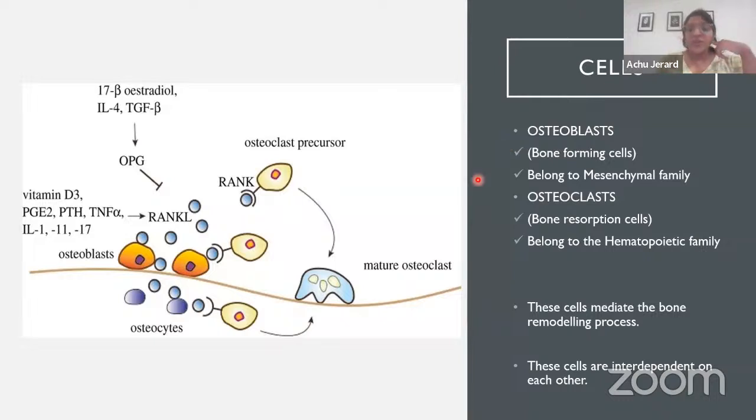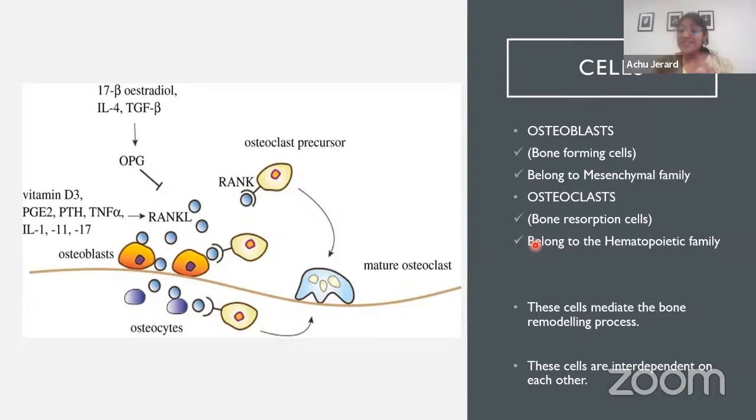So how do they function? We have to know a little bit about bone remodeling. What you need to know is that both of the cells are interdependent. It's not that they function as two separate entities. The most interesting thing is that they need one another to function.